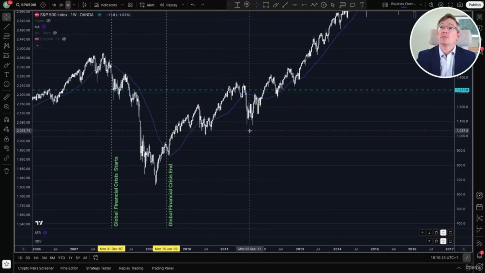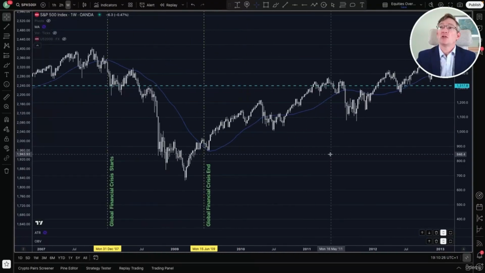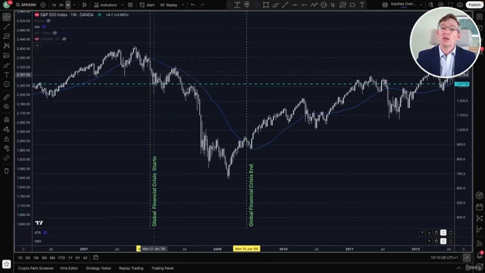Do you see here where the global financial crisis started? Look, global financial crisis started, the market bottomed here in March 2009, right? But the S&P 500 started rising before the global financial crisis officially ended. In the same way, do you see that the S&P 500 peaked before the global financial crisis starts?